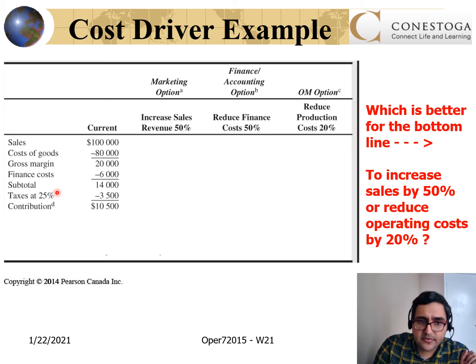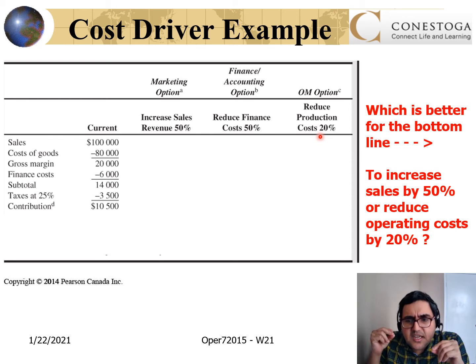In this case, there is a finance cost, let's say the interest you are paying on some loan which you have taken. From an accounting perspective, you are trying to reduce the finance cost by 50%. And the third option is you're trying to reduce the production cost, the COGS, by 20%.